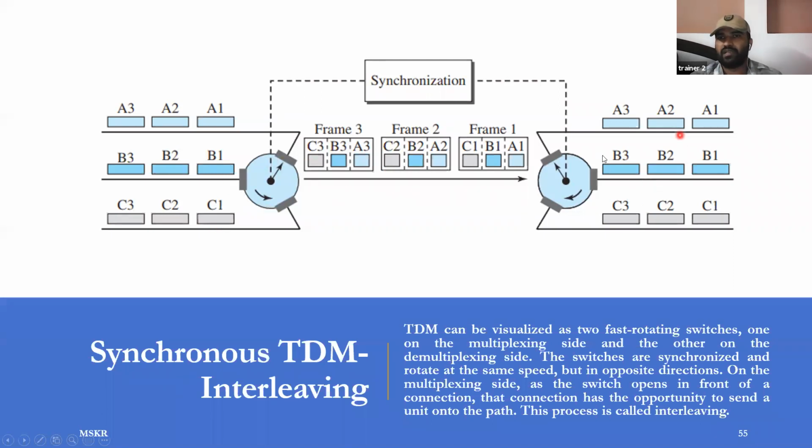On the receiving side also, first the hand will move to A, so A2 will be received, then B2, then C2. So this is how the sender side multiplexer and the receiver side multiplexer are running in sync with one another. That is the reason this entire process is called synchronous time division multiplexing. So this is about STDM, synchronous TDM.